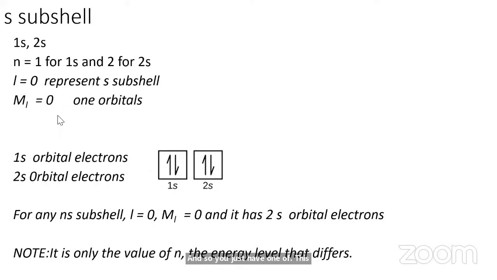It is this 0 that is showing it, because 0 is counted when you're counting the number of orbitals using the magnetic quantum number. You include number 0 in counting the number of orbitals that you have. All these things we have done before, but we just want to use the quantum numbers to describe them. Now, this is your 1s orbital electrons. It will accommodate a maximum of 2 electrons. And so the spin quantum number describes it, that you have 2 allowed spins, the plus half and the minus half.